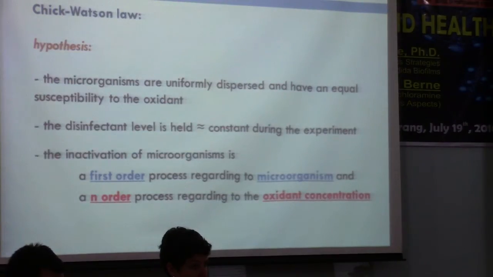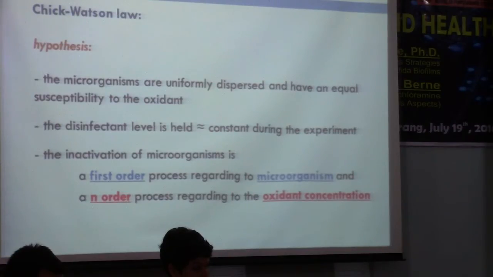And how to measure the efficiency of disinfection? We have a parameter called CT, C for the residual concentration of oxidant, and T, the contact time between water and the oxidant. It is a kinetic law based on some hypotheses.